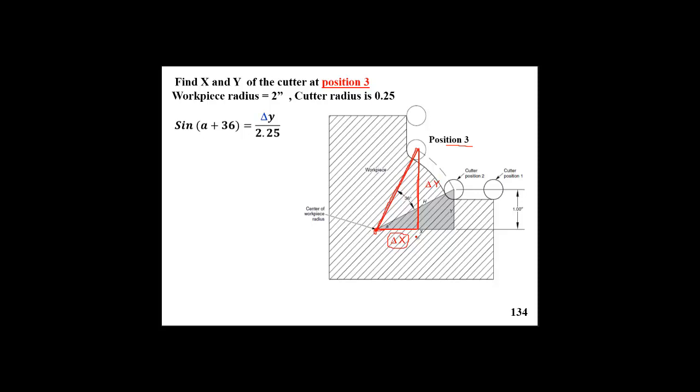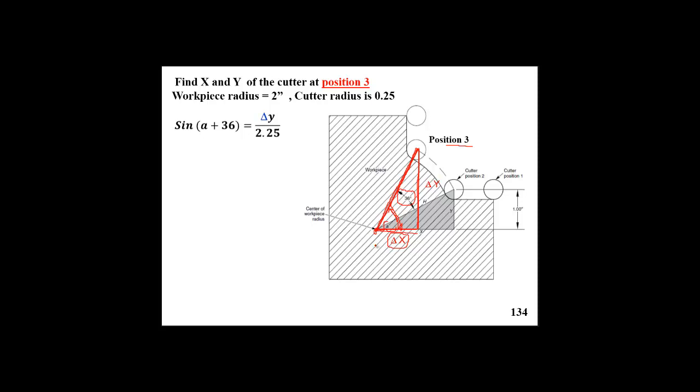It is very similar to position number 2, but here we use this total angle. This total angle actually includes whatever we already calculated, a, plus this amount, and this amount is given here as data. So if we know that angle and we know that chord, that chord cosine that angle will give us dx.